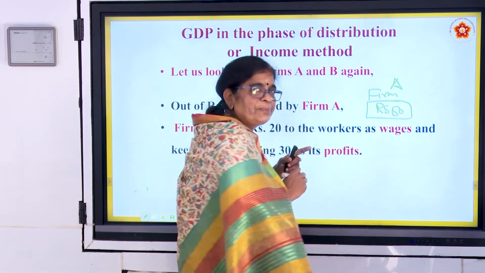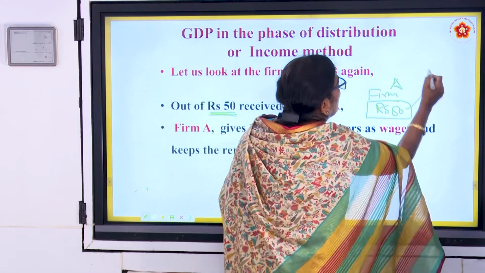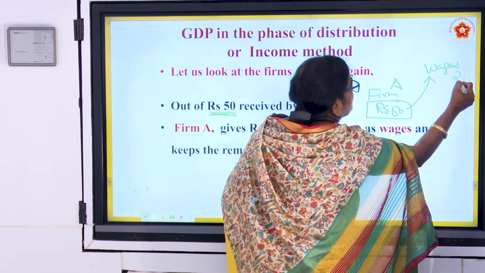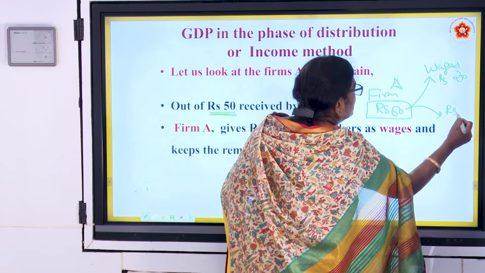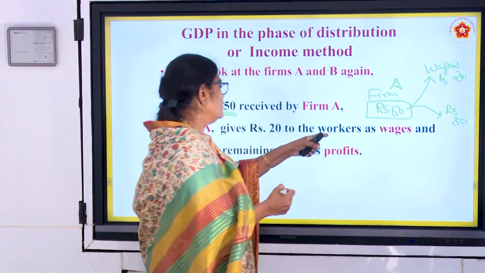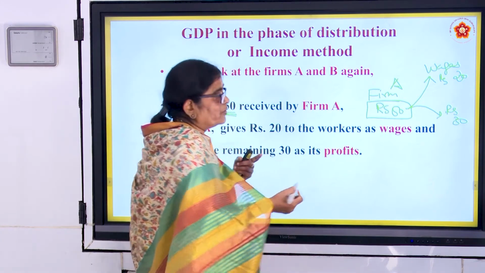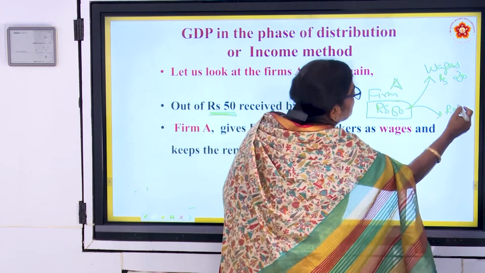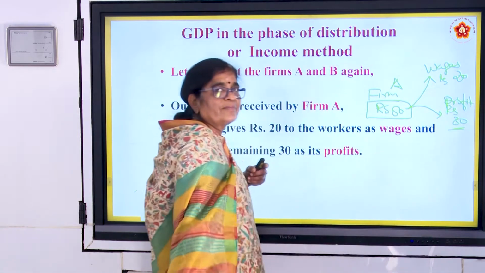Out of this rupees 50, it is going to distribute back to the household as wages rupees 20, and as profit rupees 30. Wages go to the household, but profit, firm A keeps for themselves, 30.